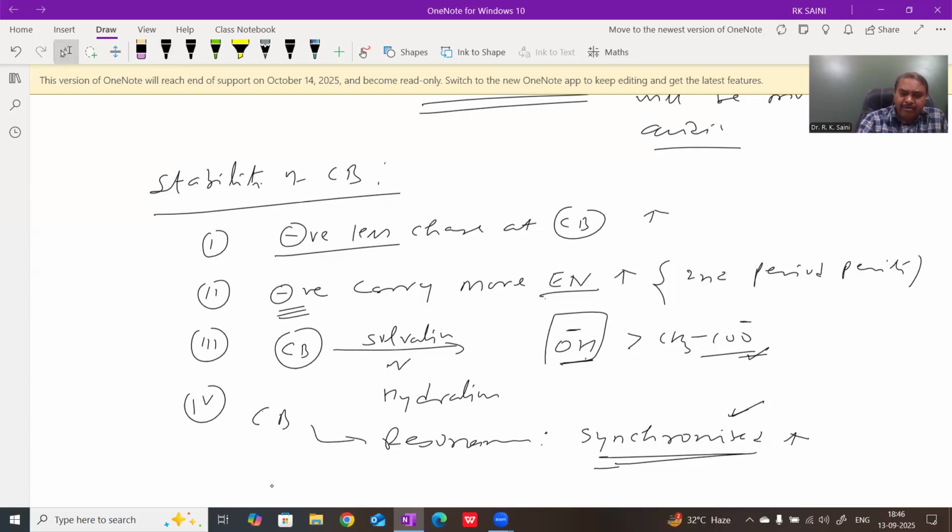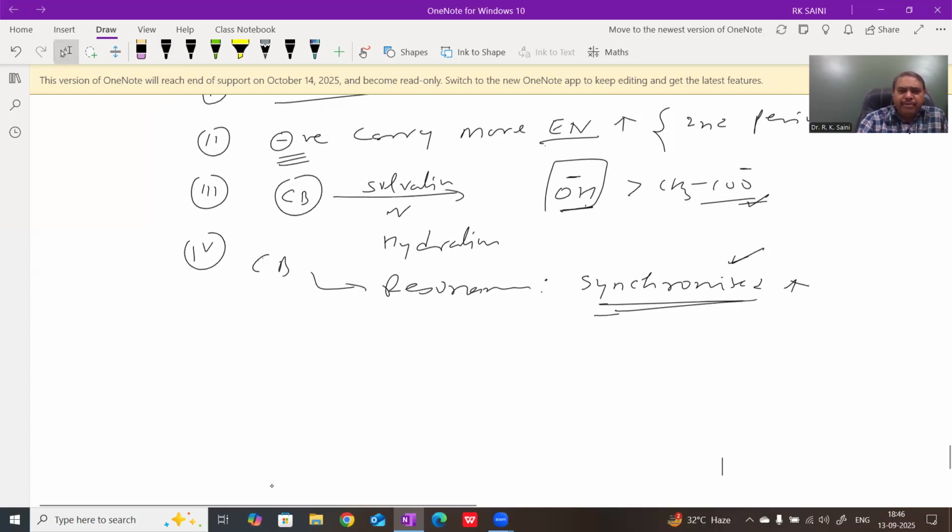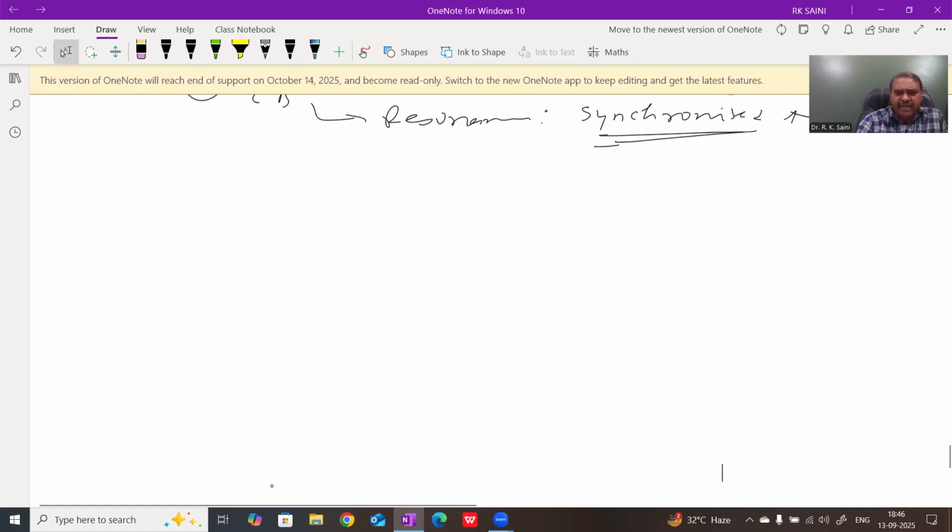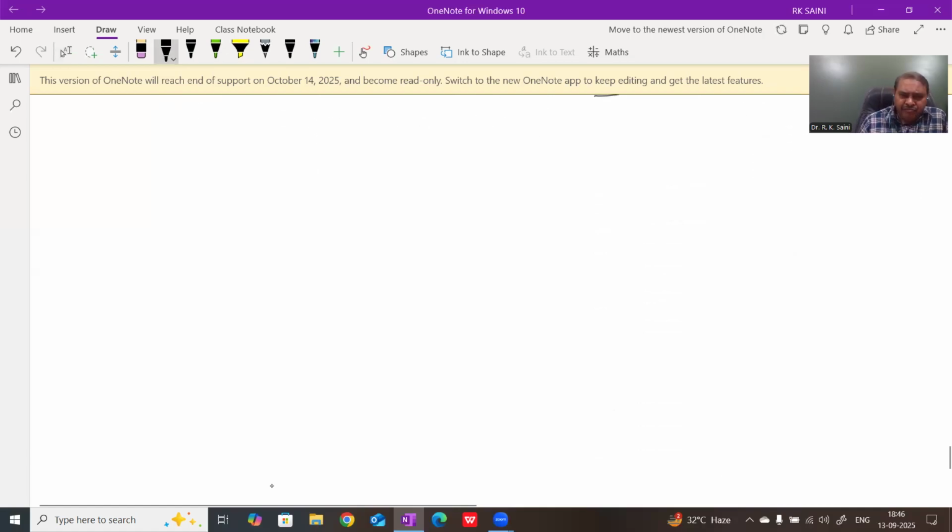For example, now we consider some important examples about acidic strength or relative strength. First, we check H2O and HCN.